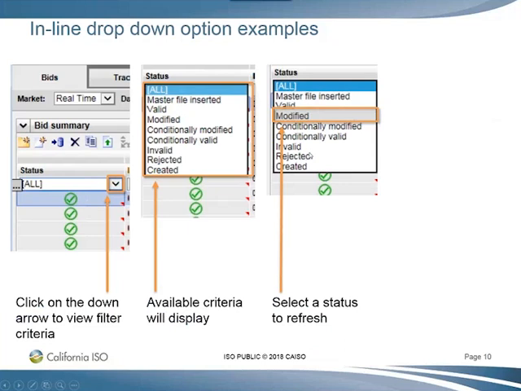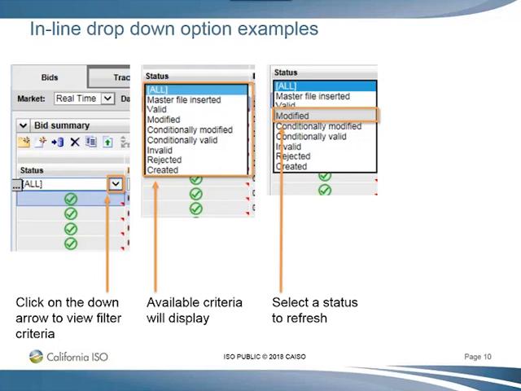And Wendell, I believe they can select more than one option with this. Is that correct? Yeah, so notice on the very first column there's a little box with 3 dots in it. If you select that, it brings up another box that allows you to select the status, and then you can use the control button or the shift key to select more than one status, and it would be those statuses that you would see.